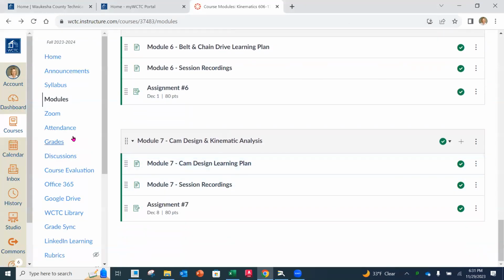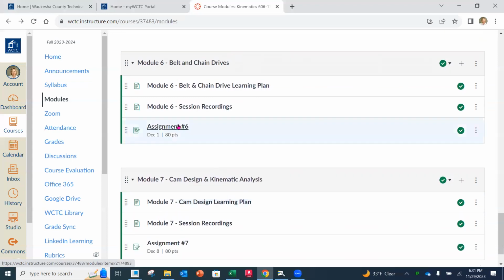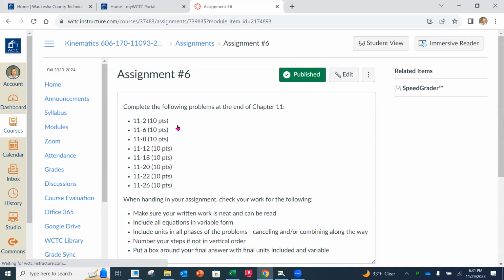Thank you. So I'm going to take a peek at assignment number 6. Let's see, these two. I'm going to look at the back of the book. I forget which numbers correspond here to the belt stuff. All of these problems are at the end of the chapter. So I've got 2, 6, 8.